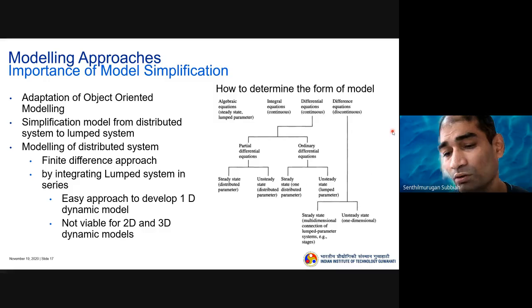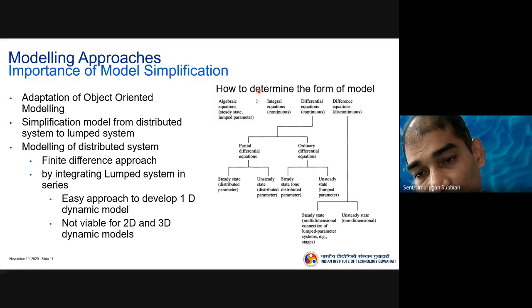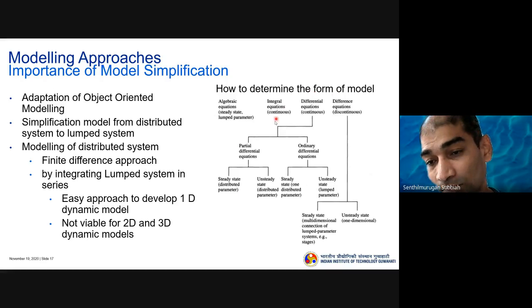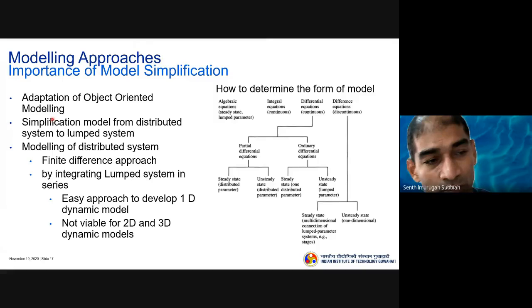And there also we will have steady state and unsteady state, one-dimensional, and then steady state, a multi-dimensional connection, basically a lumped parameter system. So these are all the different types of models which we come across in the chemical engineering domain, or even the general engineering domain.